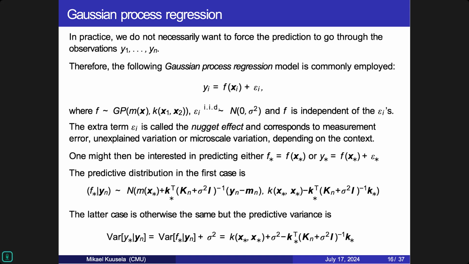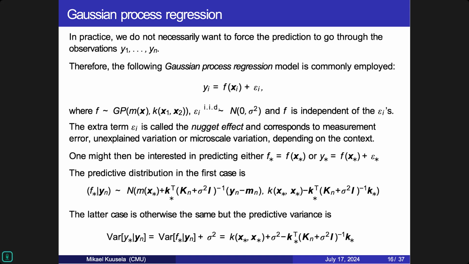All right. So now there's a choice to make. In this case, there's two things you might want to predict. You might want to predict the value of f at an observed location, or the value of f plus the noise. In the first case, you just go through the same formulas that we just did, and you find that the conditional distribution of this f star is this.